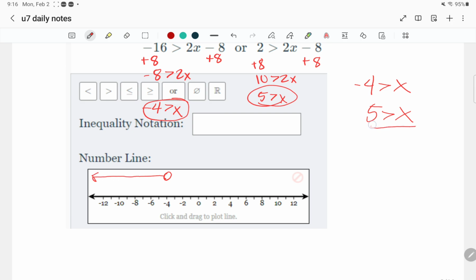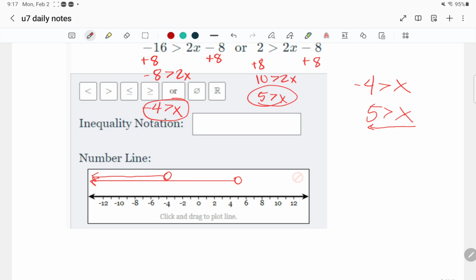The other way to think about it is to say it backwards. Okay? That means saying everything backwards. Flip the sign in your brain. X, instead of being a greater than, because it's opening up this way, I'm reading it backwards. X is less than 5. So I would go open circle on 5, and X is less. So less is left. So that's 2 ways to think about it. Ooh, made a straight line. That's cool.